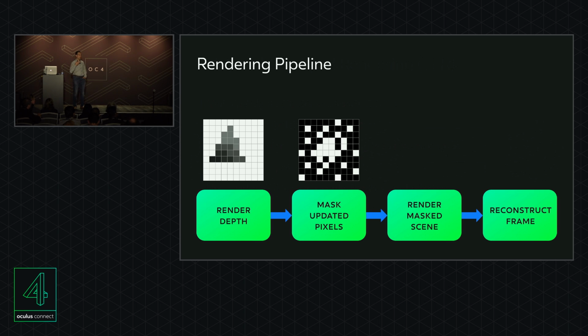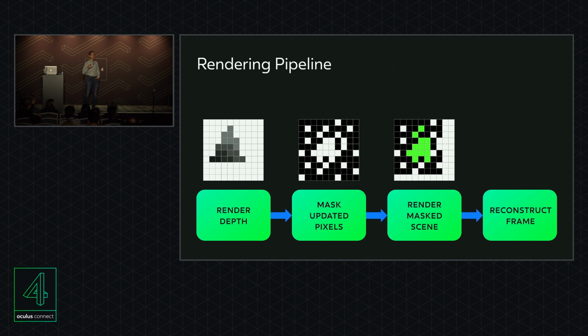Then we use this stencil or depth mask to actually render the scene. The white blocks in the mask represent the pixel blocks that would be rendered on the current frame, and the black ones would be rejected. Same thing with the rendered content: the black areas represent the blocks of pixels that would not be rendered, that would be masked out with the mask.